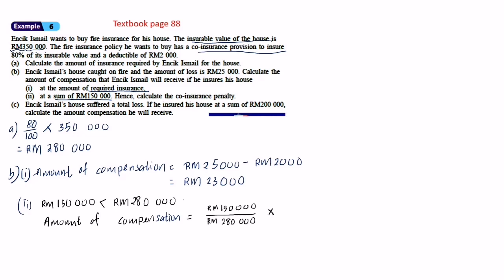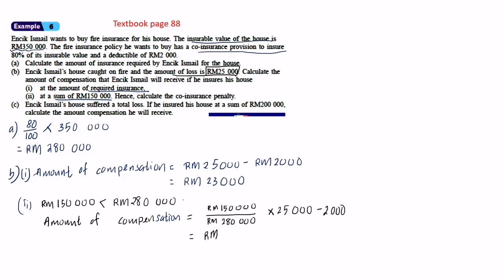Multiply by the amount of the loss of Ismail, 25,000. And don't forget, must minus the deductible amount 2,000 ringgit.